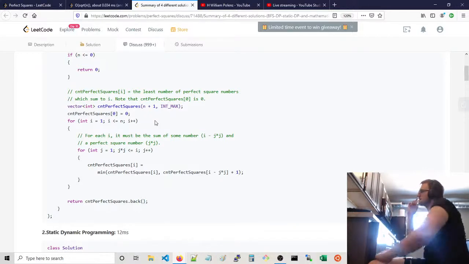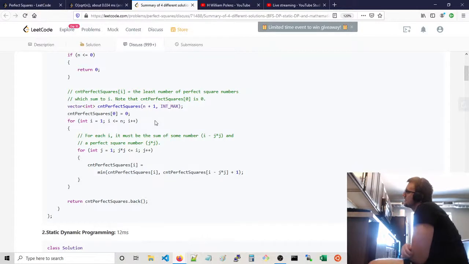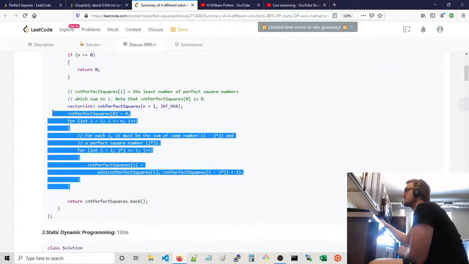Why was this so difficult for me? Why did I have such a hard time with this? Oh, because if you loop from i equals 1 to n, then sort of by induction you have all of these values. I don't know why I struggle with that so much.